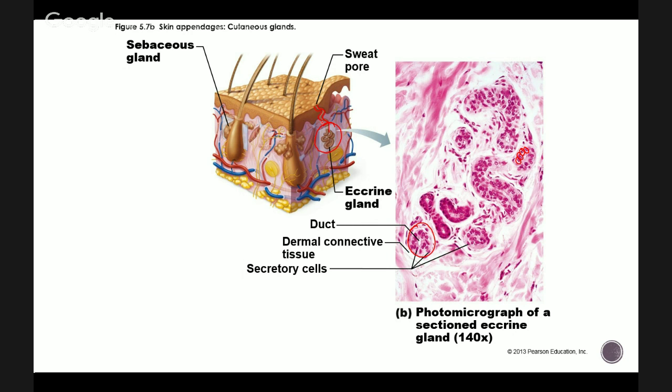So during puberty, you start to see the growth of hair in the axillary and anal genital areas. So these are the areas where you're going to see the apocrine sweat glands. And just like the growth of hair begins in those areas when we reach puberty, we also see that the apocrine sweat glands become active at that same time.